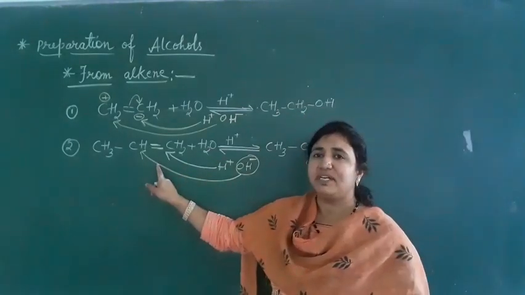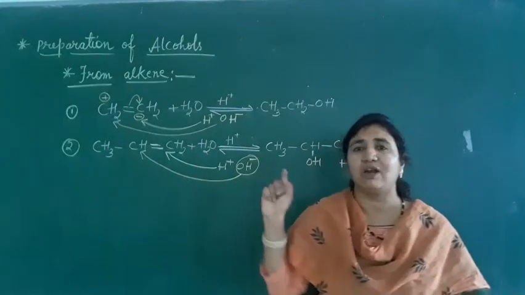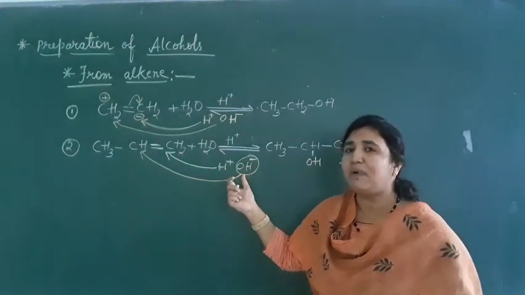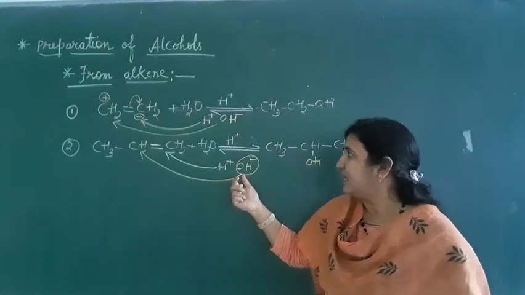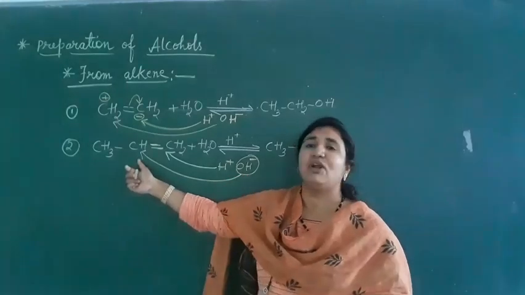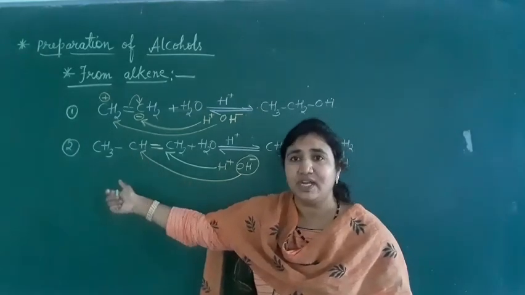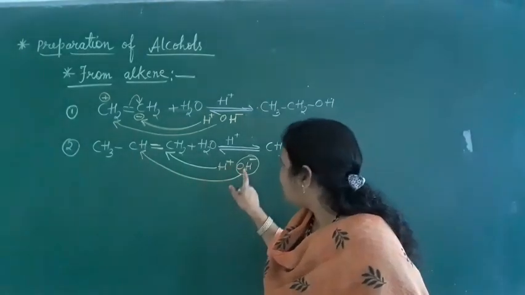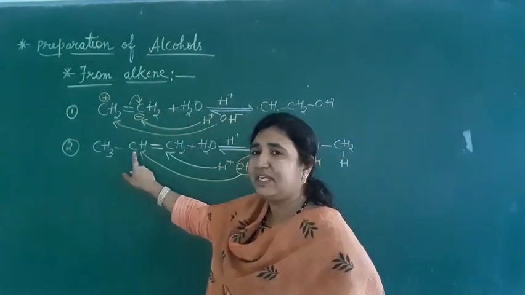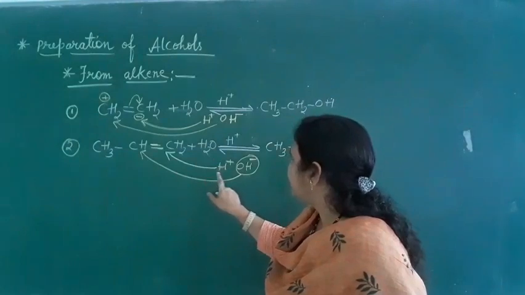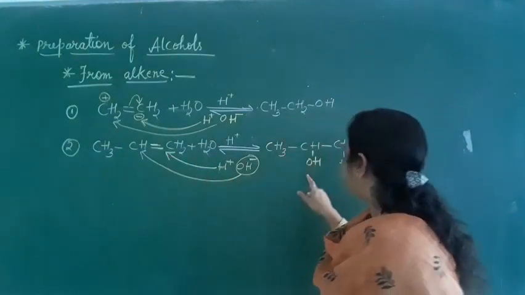But for an unsymmetrical alkene, we have to follow Markovnikov's rule. According to it, the negative part of the attacking reagent gets attached to the carbon of the double bond which has fewer hydrogen atoms. So OH- attacks this carbon and H+ attacks the other carbon, and we get this product.